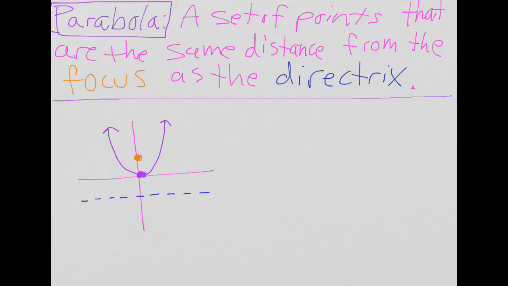Now, technically, what we're saying here is if I pick any random point on this parabola, let's say, for example, I choose this point right there. Now we're saying the distance from that green dot to that orange dot should be exactly the same as the distance from that green dot to our directrix straight down.